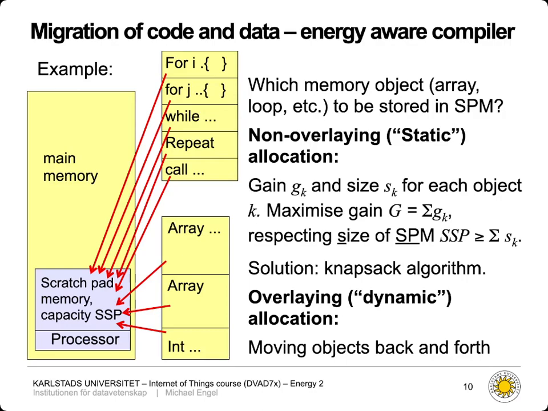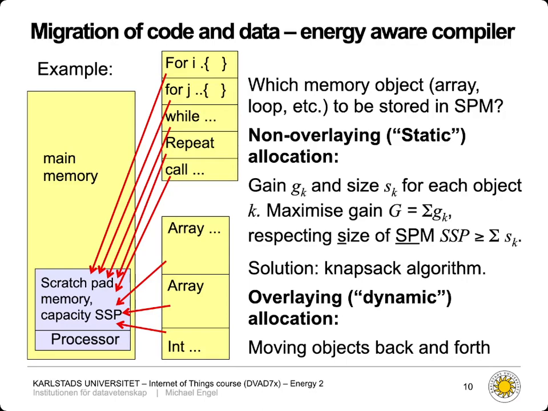We can have something like a non-overlaying or static allocation. For this, we have data objects or code objects k, and we calculate the gain g_k of putting object k into scratchpad, and we also figure out its size, so the number of instructions or the size of the data. Then we try to maximize the overall gain G, which is the sum of the gains of all the memory objects.